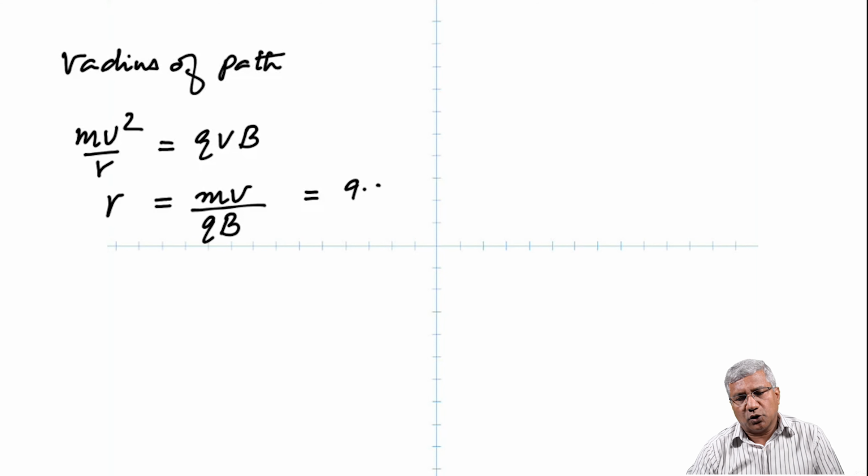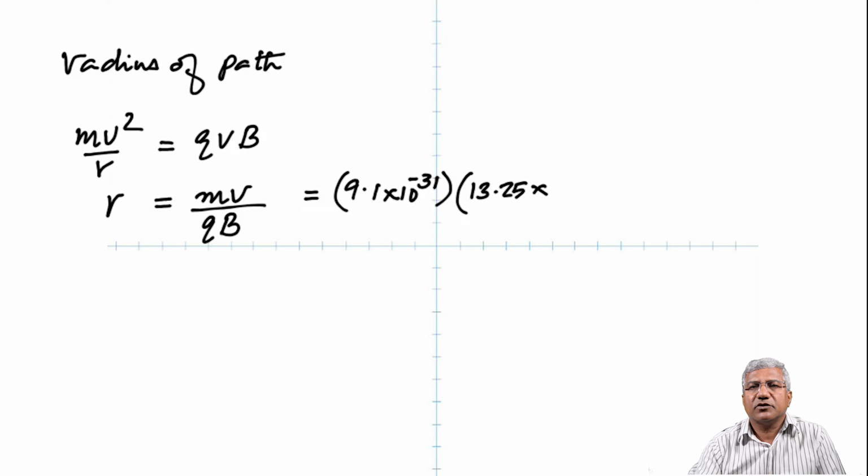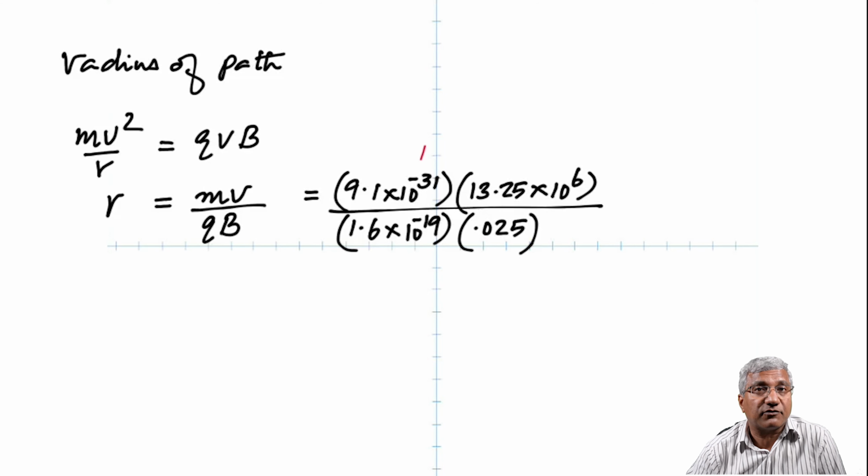Okay, so the mass of the electron right there. We just found the velocity of the electron, and then divided by the charge times the magnetic field, and you should be able to get the radius of the path. Obviously going to be very small because I took the magnetic field as 0.025 Tesla, which is a strong magnetic field.